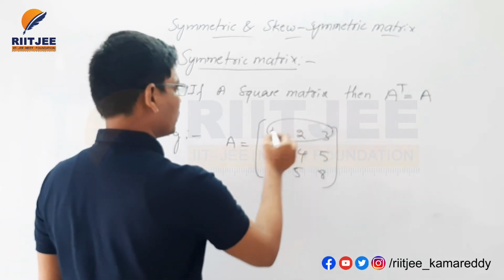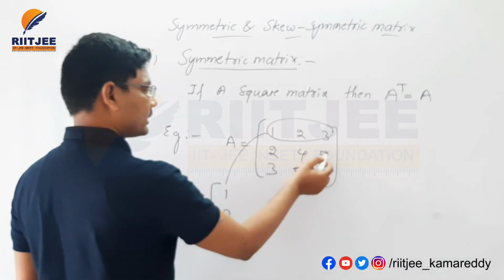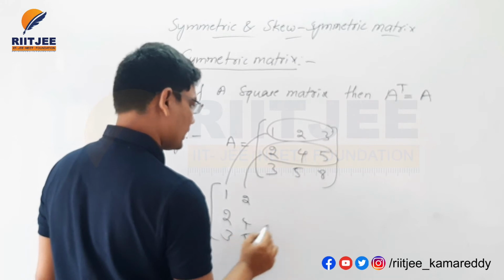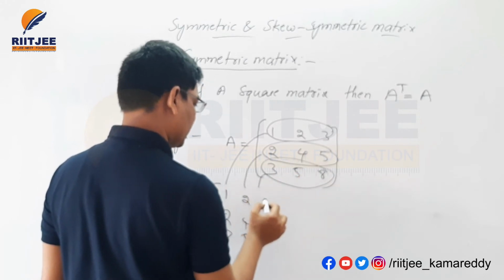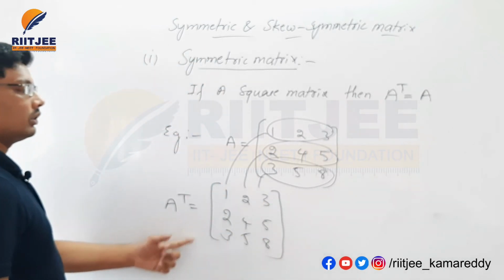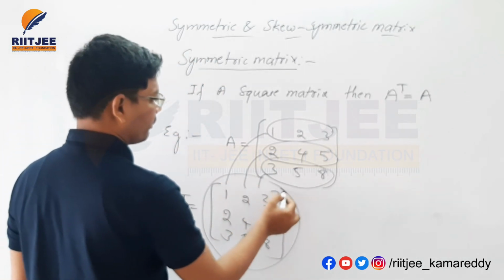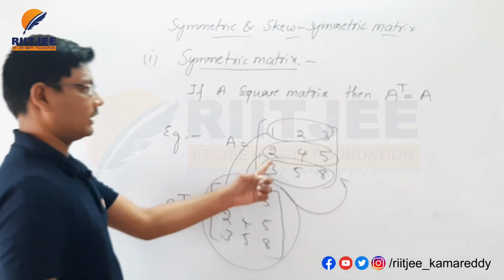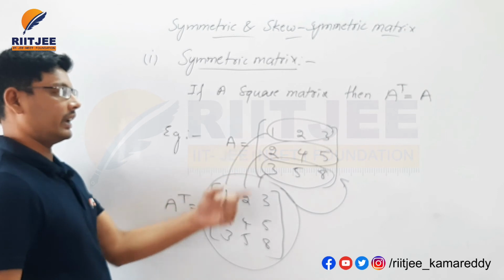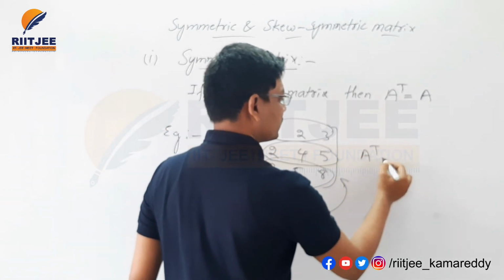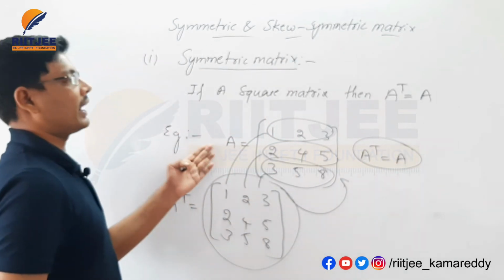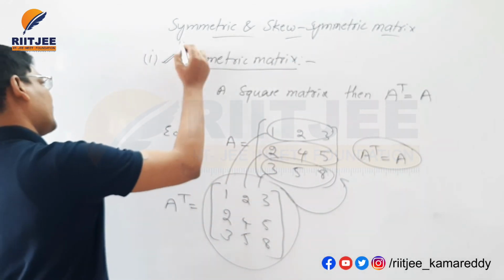This row is changed to a column, and this row is changed to a column 2, 4, 5, and again this row is changed to a column 3, 5, 8. After transposing also, we got the same matrix A. If you compare these two matrices, we got the same answer as A. That's why A transpose is equal to A. Then these types of matrices are called symmetric matrices.